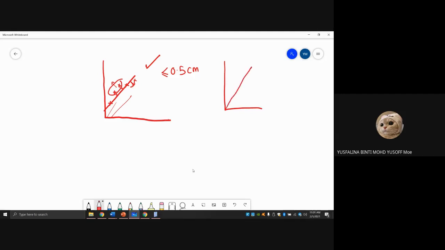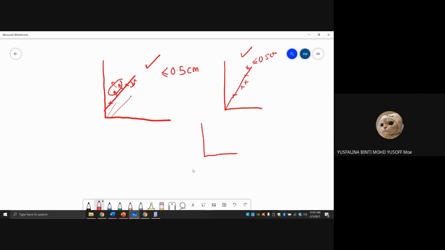This is 2 points here and 1 point here. It doesn't matter where the point is as long as one is above or two at the below part of the graph. Still the same concept, it must not be more than 0.5, or is equal to 0.5. This is also considered correct.